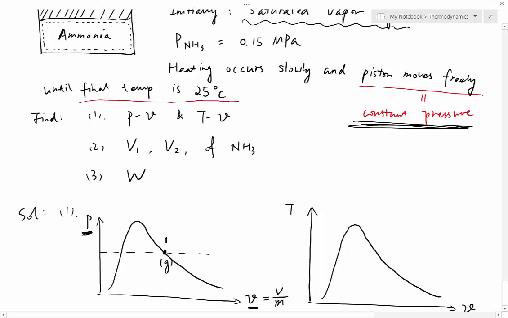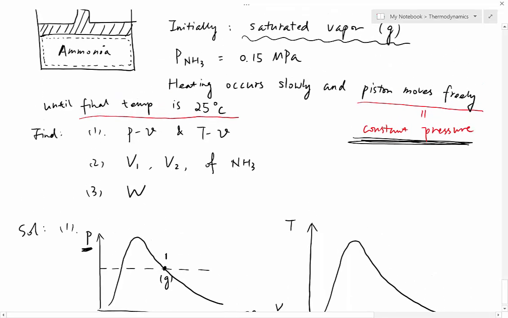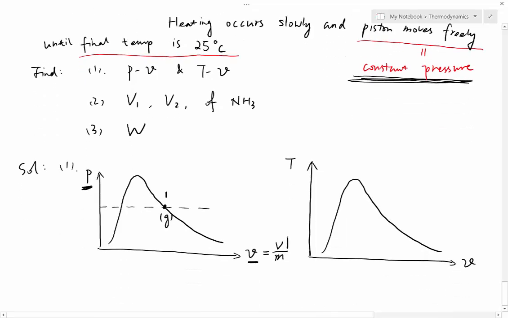What about volume? If you keep heating some gas, the volume will go up. If volume goes up, does specific volume go up? Yes, so the x-coordinate becomes bigger. If the x-coordinate becomes bigger, 1 to 2 must go to the right. So number 2 must be to the right and also on this dashed line.